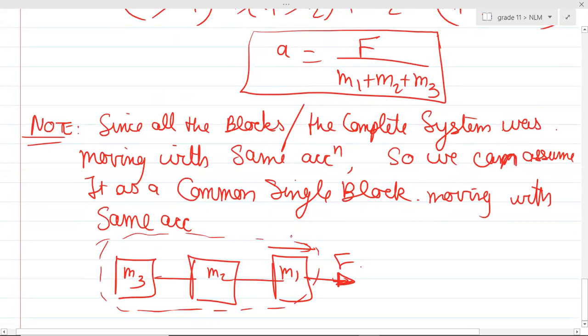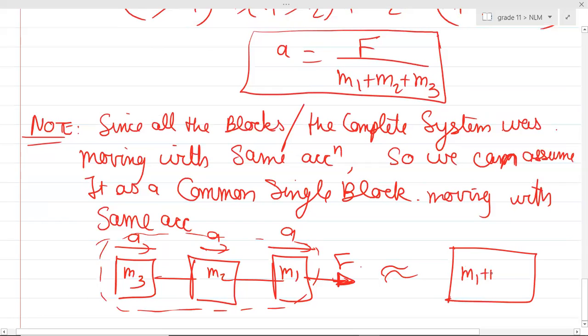Can you see this was also moving with acceleration A, this was moving with acceleration A, this was also moving with acceleration A. So you can assume there is just one common block of mass M1 plus M2 plus M3 which is moving with force F and the same acceleration. Is this clear? You can assume this when only a single force is there.